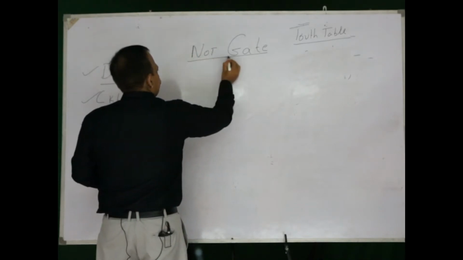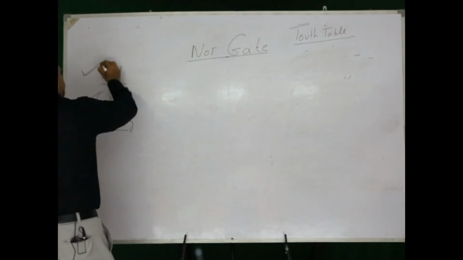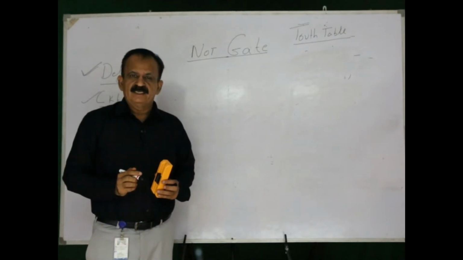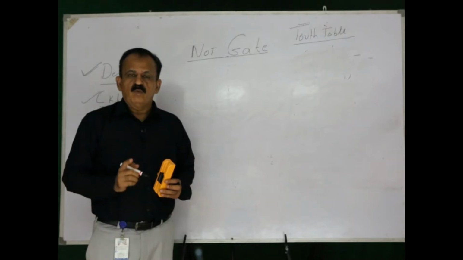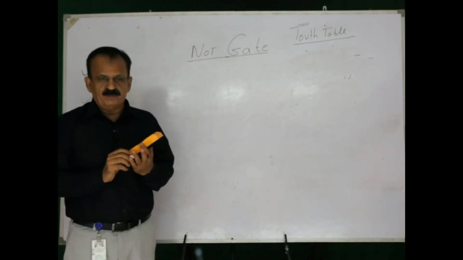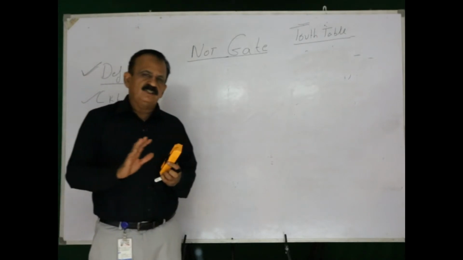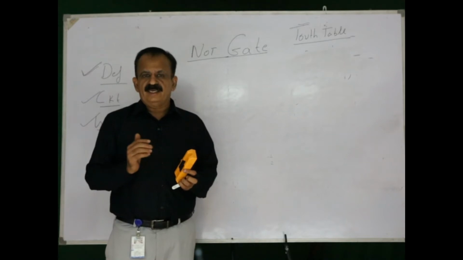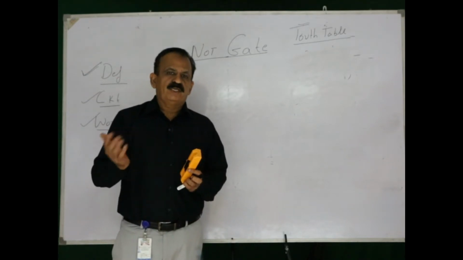Definition. The definition is, it is a logical circuit with one output and one input. This is very important. This NOT gate is the only gate which will be having one input. All other gates will be having two or more inputs.